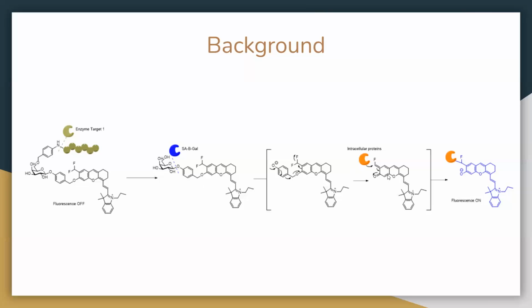This leads to a resonance structure, and finally, an intracellular protein binds and allows the fluorescent dye / probe that was released from the initial molecule to be retained within the cell. This allows for fluorescence to be turned on within the cell for a greater period of time, allowing for greater longevity when imaging senescent cell populations.